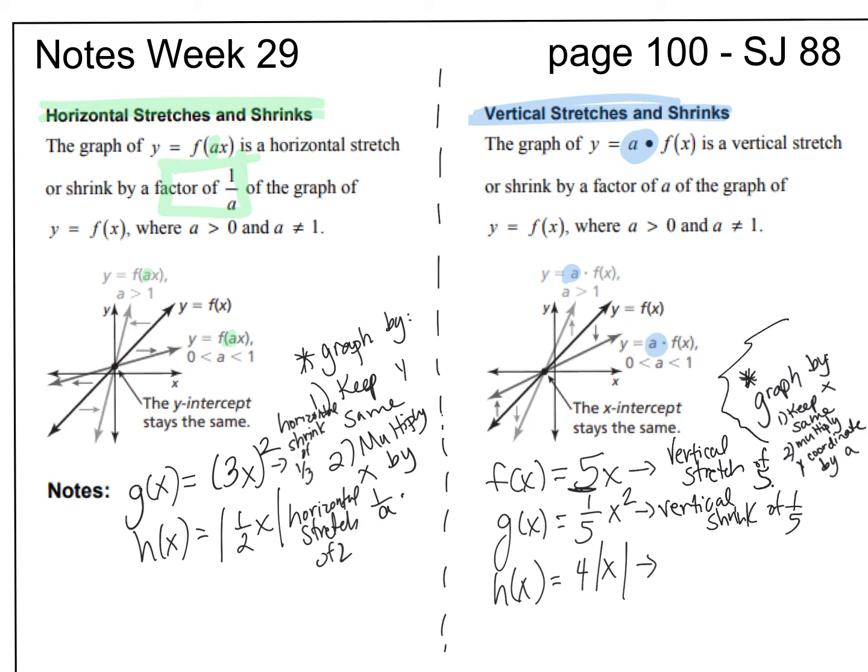And over here and here tells you what that means by stretching or shrinking vertically or horizontally. And this last one, 4 times the absolute value of x, that's a vertical stretch of 4.